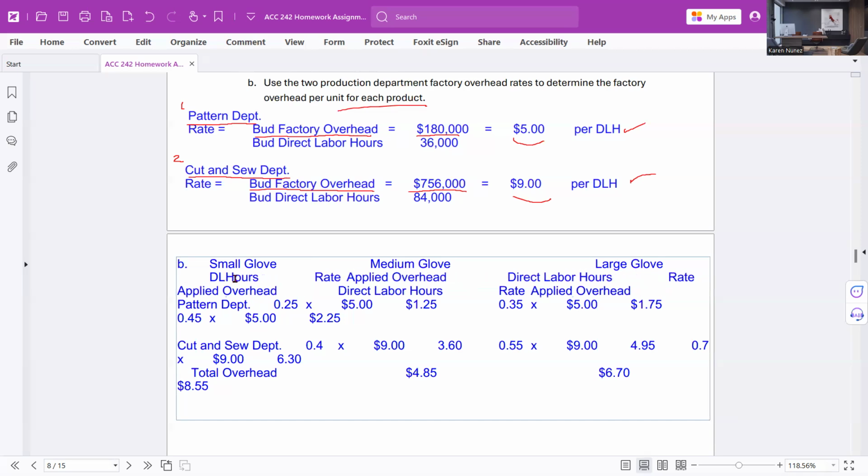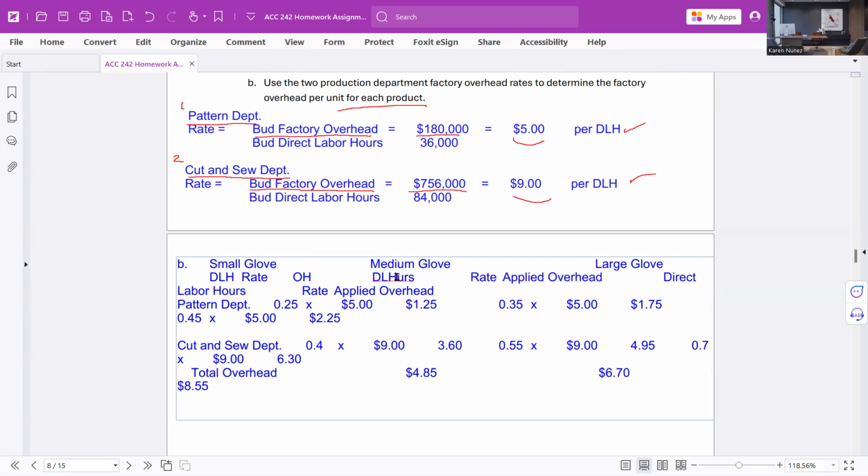So we're going to take the direct labor hours times the appropriate rate, which will give us the applied overhead. I'm going to have to abbreviate things here so that I can get everything on this table. Direct labor hours times the rate will give us our overhead.